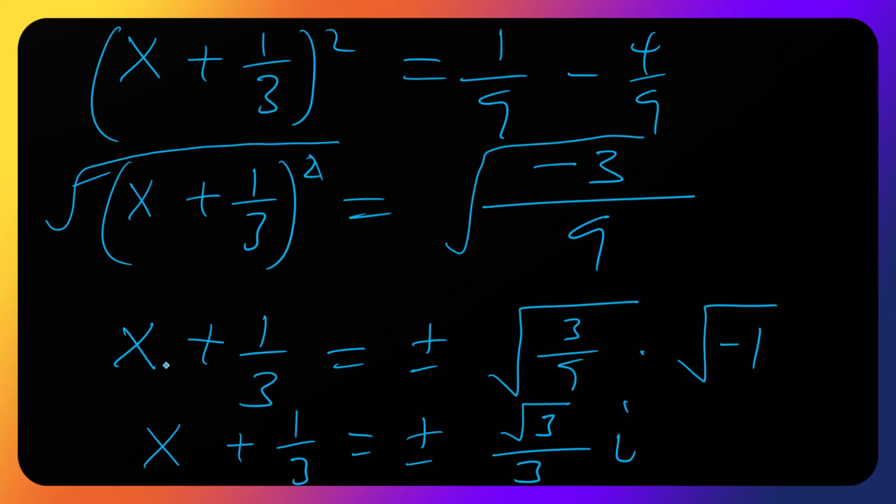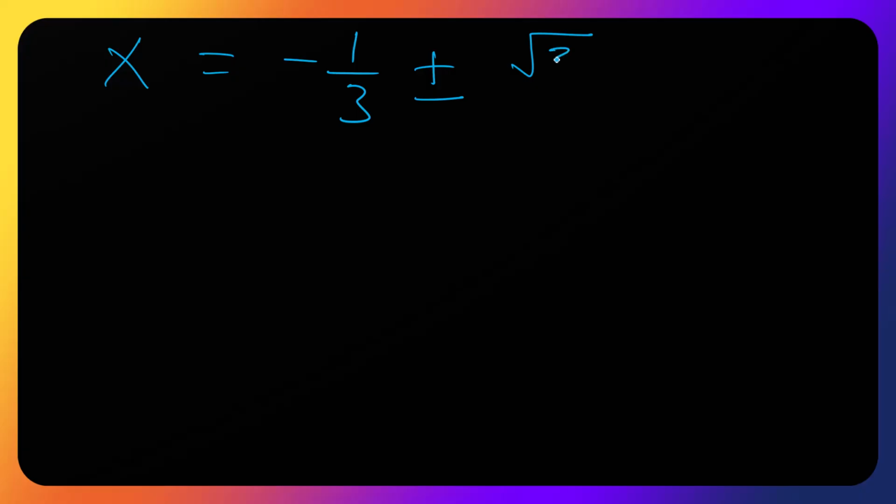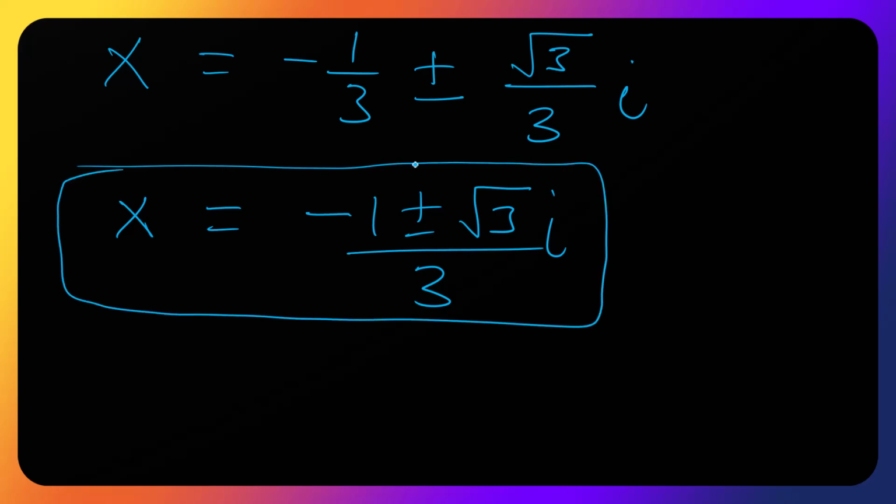And from here, we can say x equals to minus 1 over 3 plus or minus square root of 3 i over 3. So I have minus 1 plus or minus square root of 3 i all over 3. So we have the complex part. The complex part is here. Alright, so that's that.